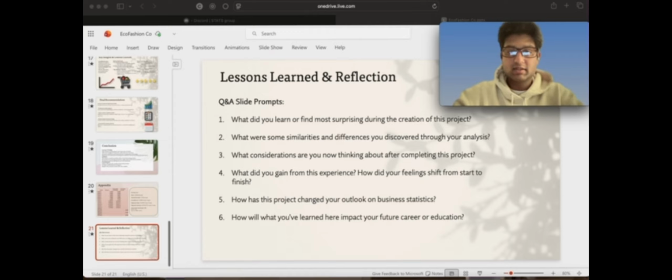One of the most surprising things that I learned during the creation of this project was how clearly the data supported patterns that businesses often assume intuitively. For example, the strong positive correlation between customer satisfaction and sales revenue showed that statistically, improving customers' experience directly impacts the revenue.